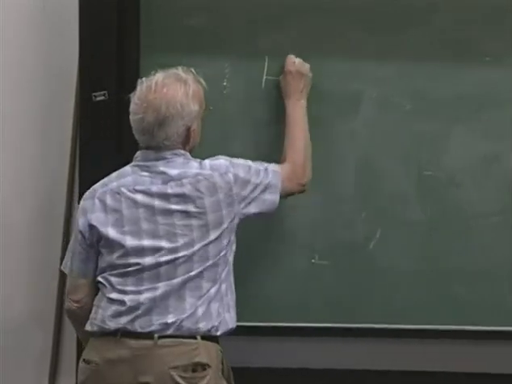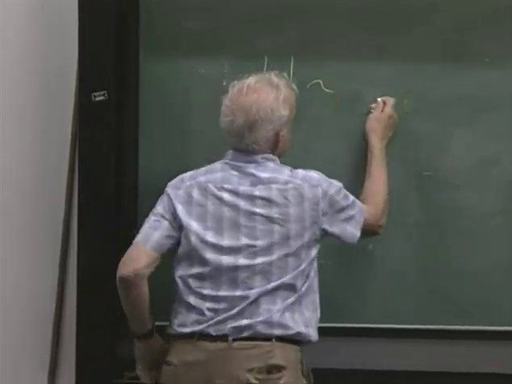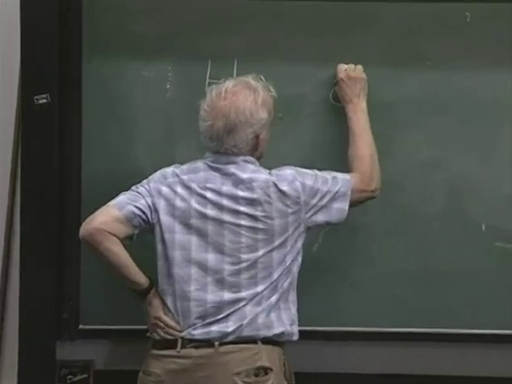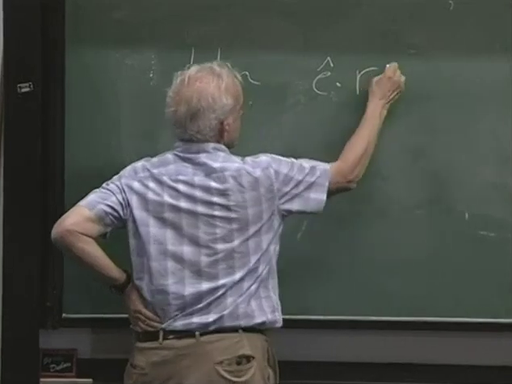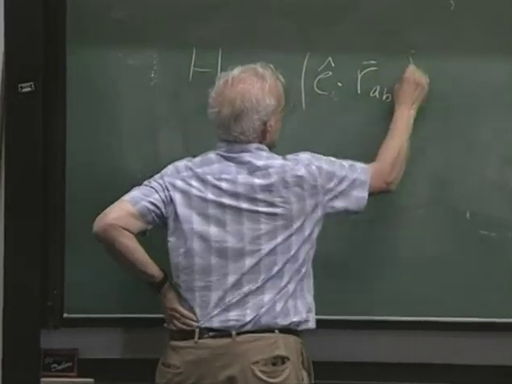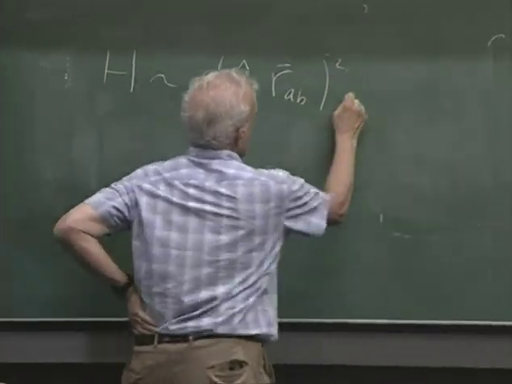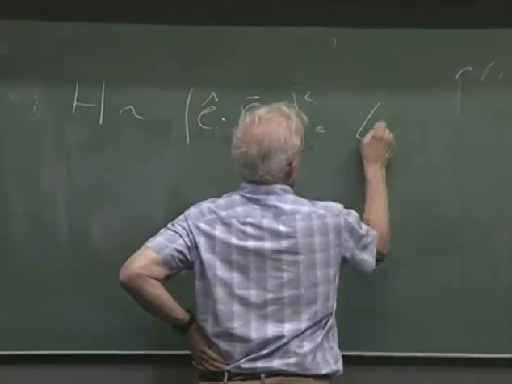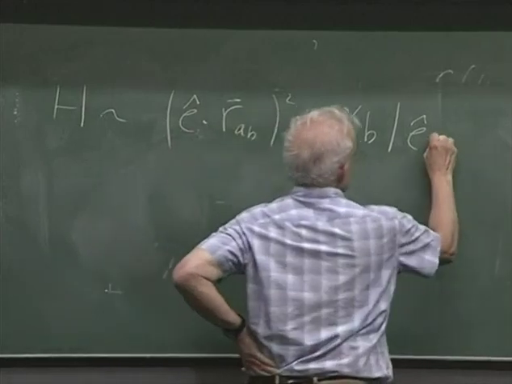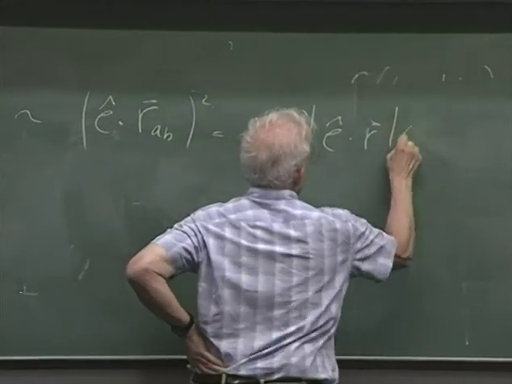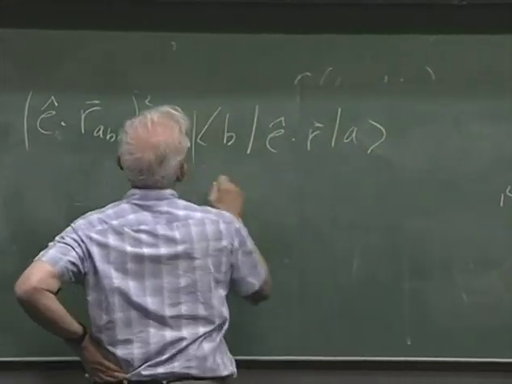That H always involves a factor of the form of epsilon dot r_ab squared, which I can write as, state b, this polarization vector dotted into r, and a.